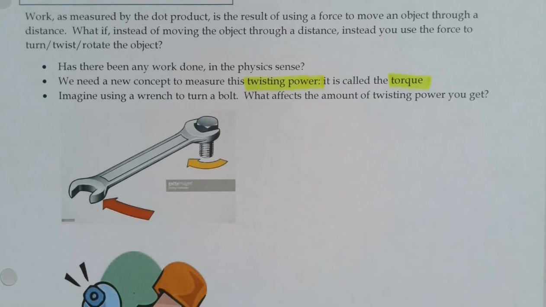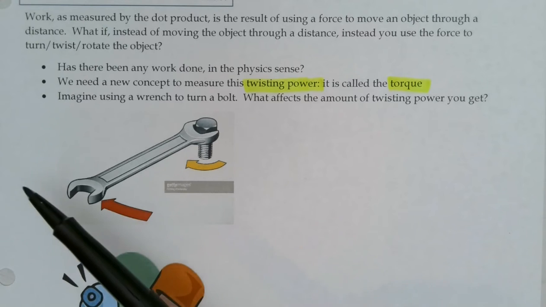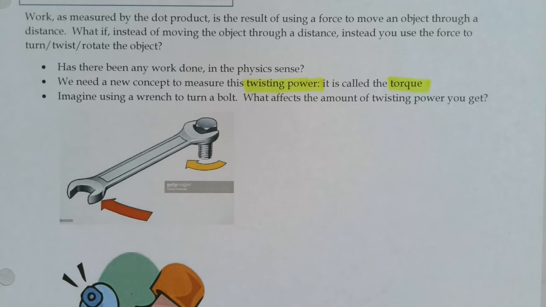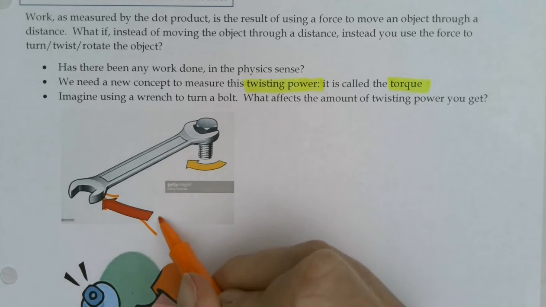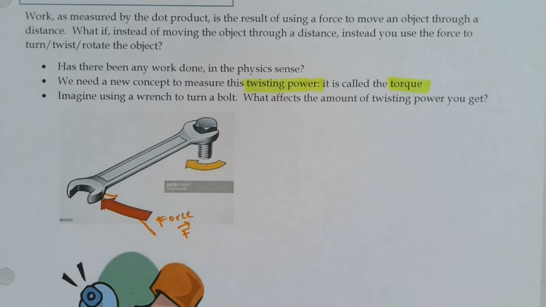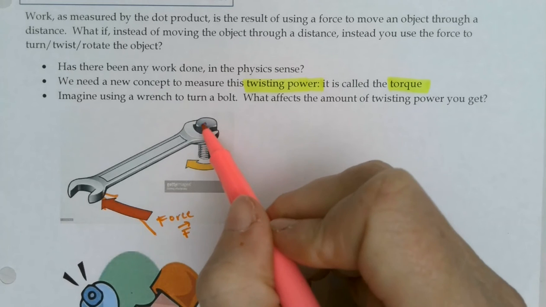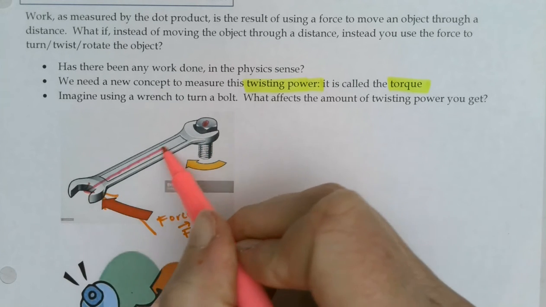So imagine using a wrench to turn a bolt. So this is a wrench, and there's a bolt right here. You exert your force this way. So you have a force vector. So there's your force. And then you have your radius, which is from the center of the twisting out to where you exert your force.